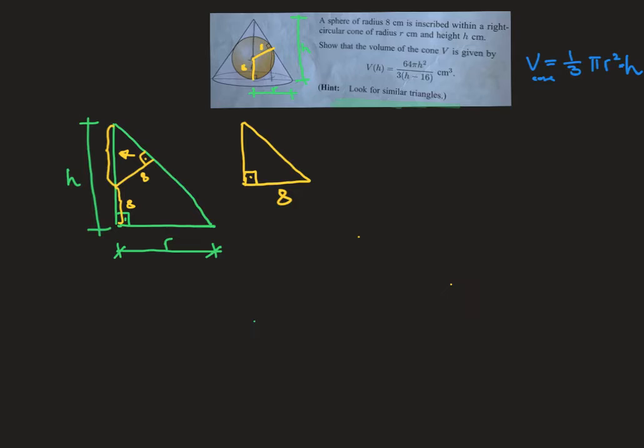If all this height is h, and this is 8, then this part here is h take away 8. Yes, well done. And that is across, isn't it? Across here. So that is h take away 8.